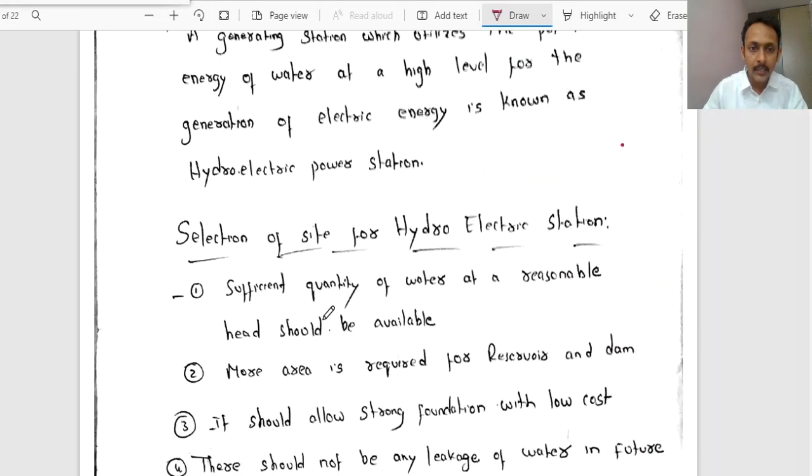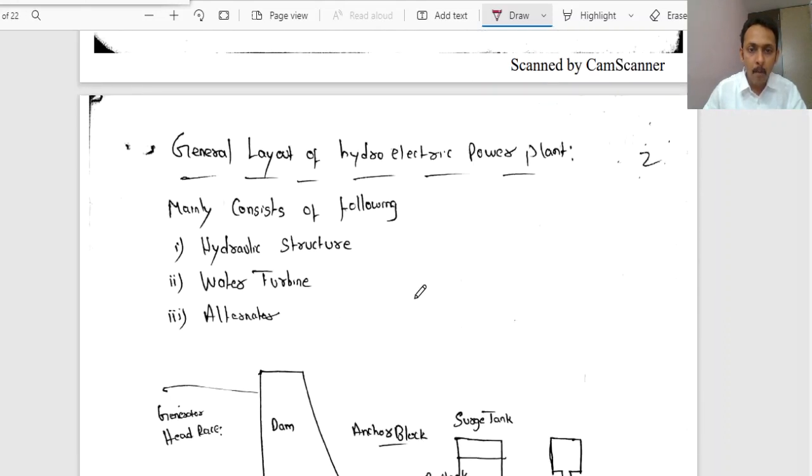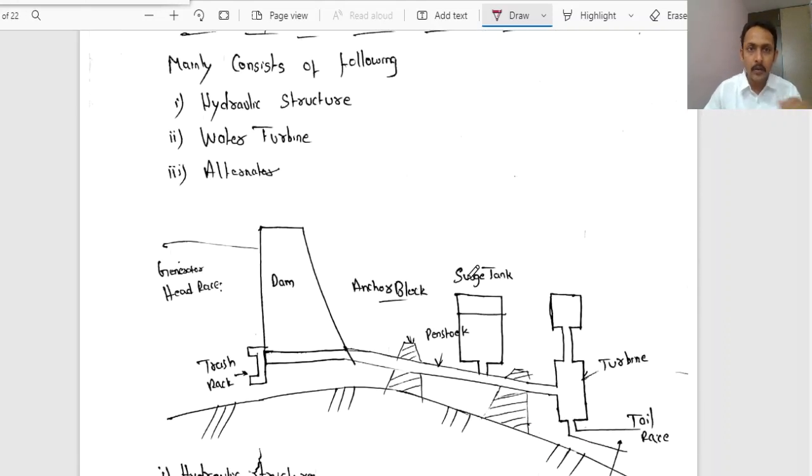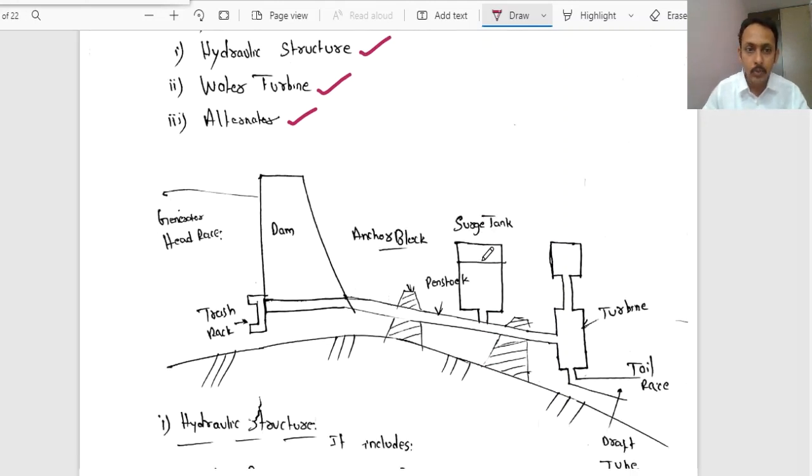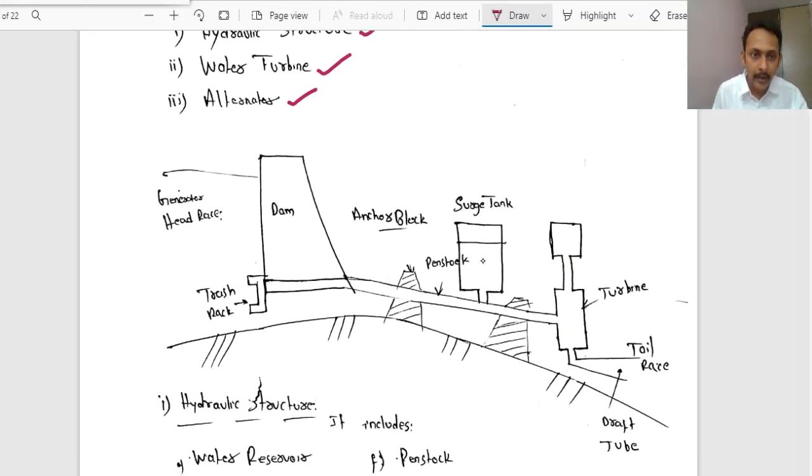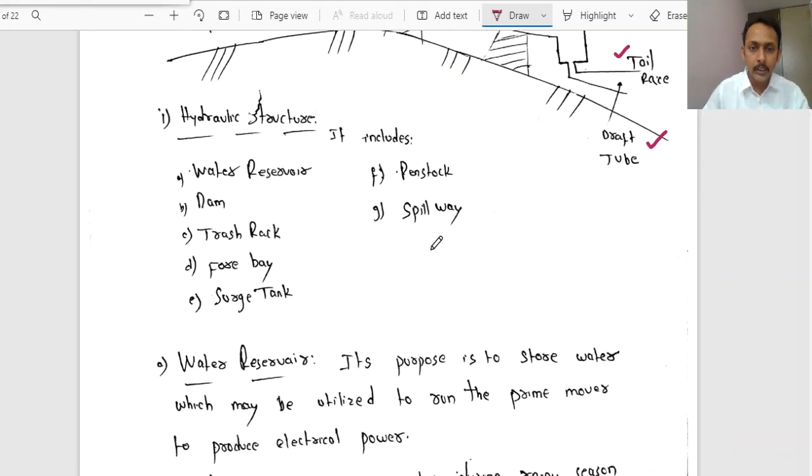We will discuss the main components in its general layout, consisting of hydraulic structure, water turbine and alternator, and the different components like trash rack, head race, dam, penstock, surge tank, turbine, tail race and draft tube. We will discuss the purpose of each component in its layout.